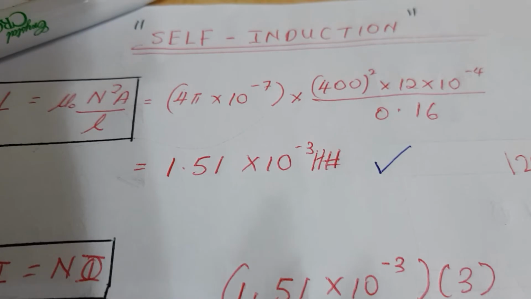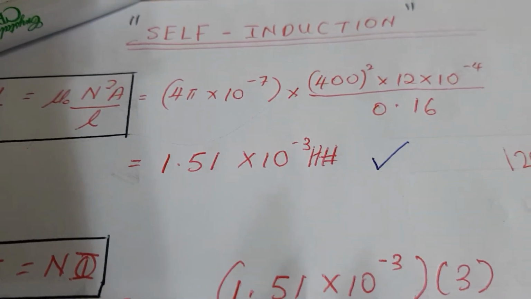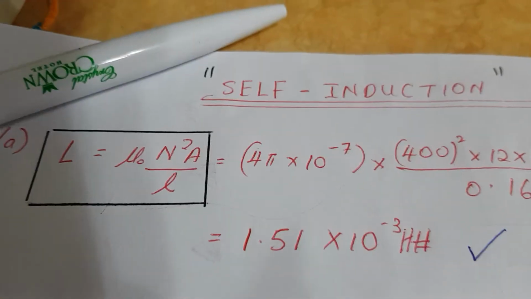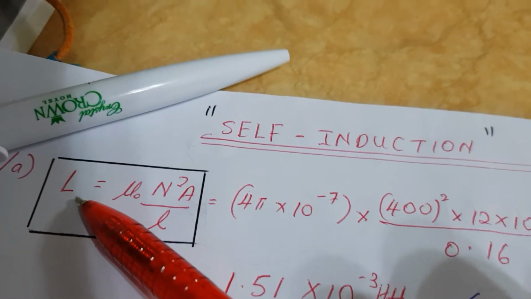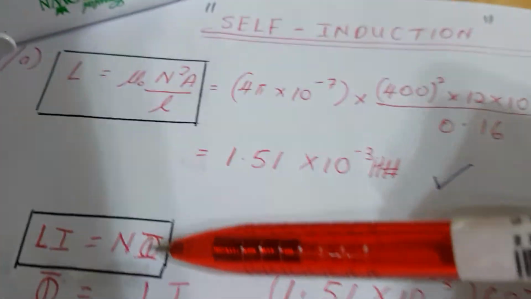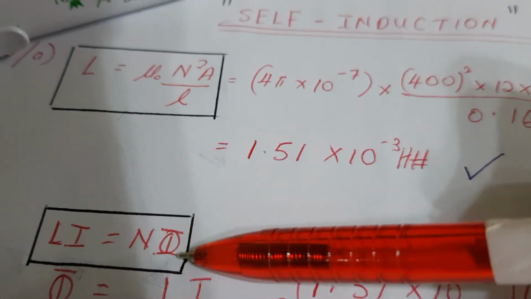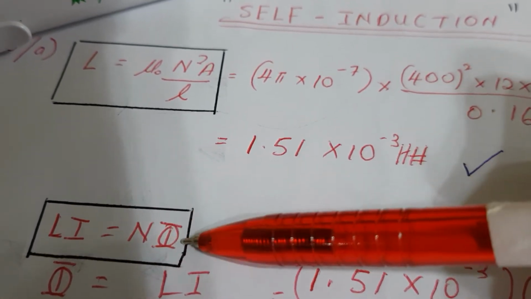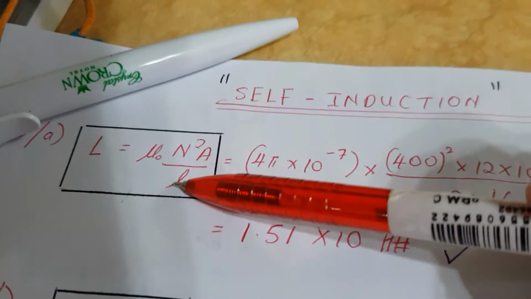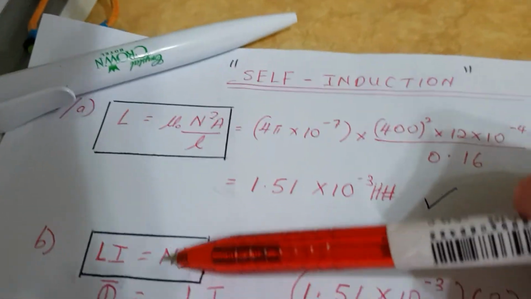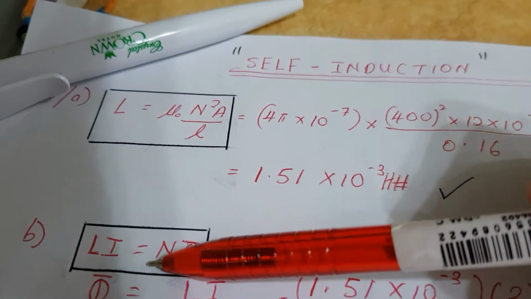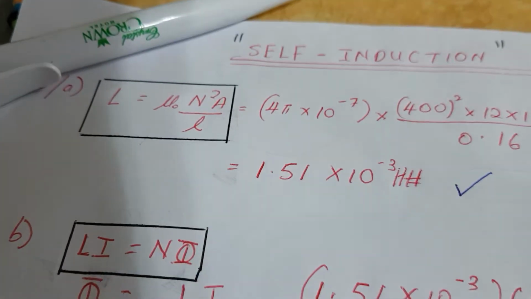they are asking you to find A, self-inductance. So for self-inductance, the formula is either this or this one that you learned just now: L I equals N times magnetic flux, or L equals mu naught N square A over l. Among these two formulas that have the letter L in there, which one are you going to use?